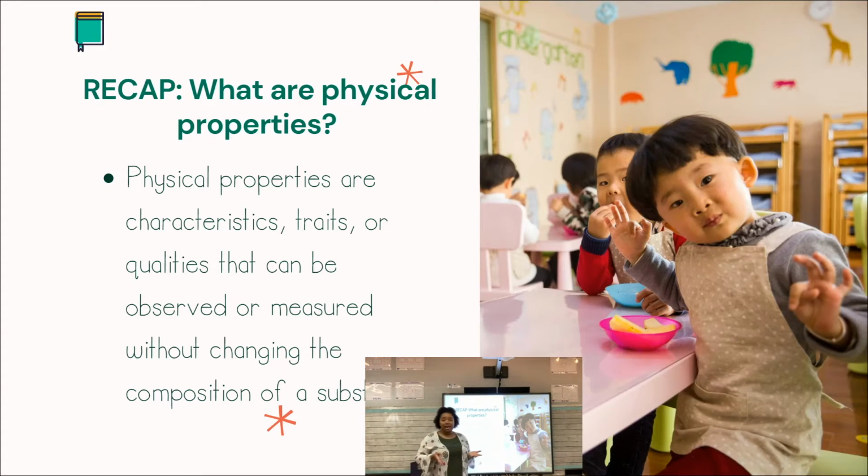So, as a recap, what are physical properties? Physical properties are characteristics, traits, or qualities that can be observed or measured without changing the composition of the substance. So when she was analyzing those objects, she didn't change anything about them, but she used their physical properties to determine what they were.